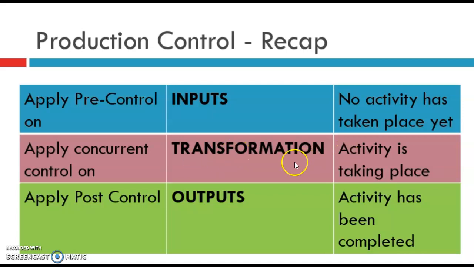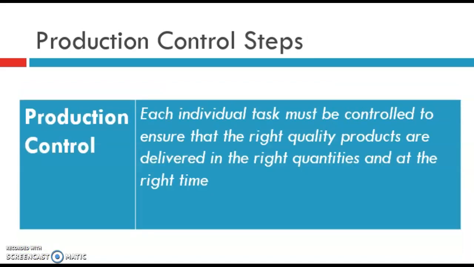So this activity is taking place. Okay, it's concurrent. And then we apply post-control to the final output, to the finished product. So the activity has now been completed and you're measuring it. Does it measure the standard that you wanted it to? So we've looked at production control in terms of the manufacturing process, pre, concurrent, and post.